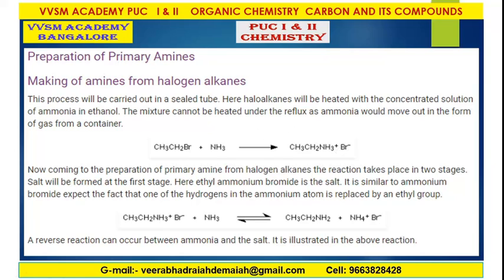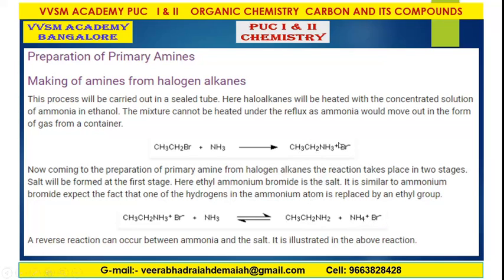It is similar to ammonium bromide, except that one of the hydrogens in the ammonium ion is replaced by an ethyl group. Therefore, ammonia again combines with the ethyl ammonium bromide and gives ethylamine and ammonium bromide.